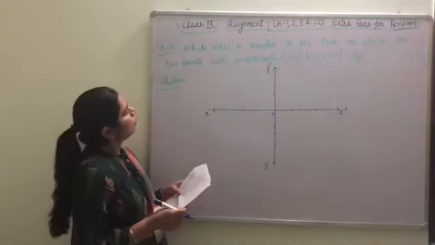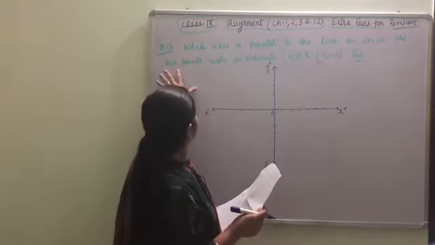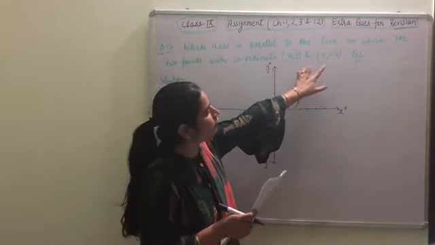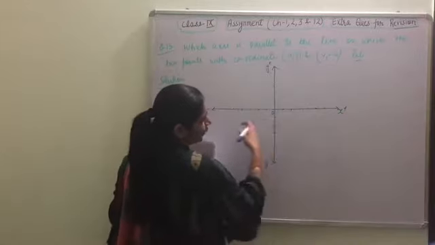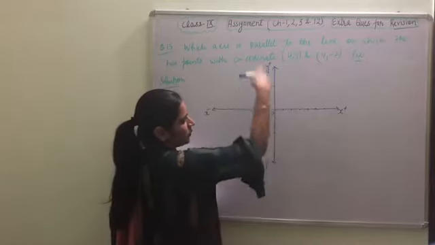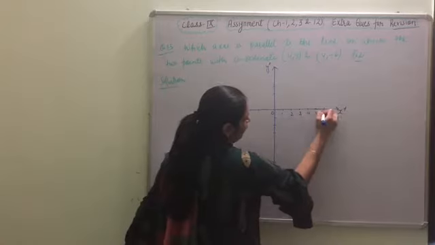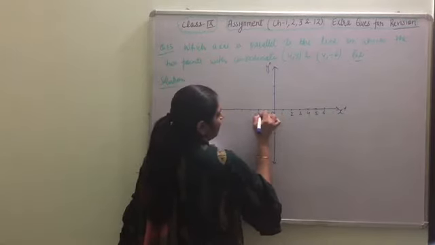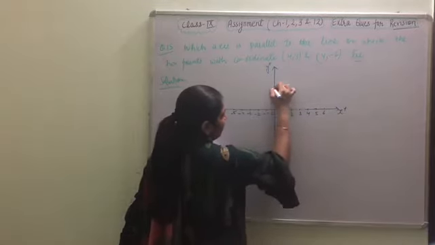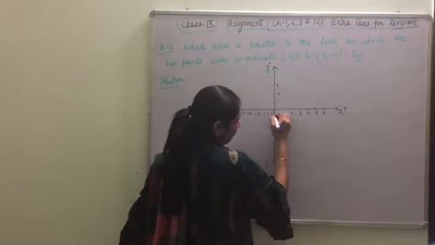Next question. In the 15th question, which axis is parallel to the line on which the 2 points with the given coordinates lie? Here the given points are (4, 3) and (4, minus 2). Here I have taken the Cartesian plane, x-axis with positive and negative sign, y with positive and negative, marked 0, 1, 2, 3, 4 and 5, minus 1 to minus 5. Positive is above the x-axis in the upper half plane.